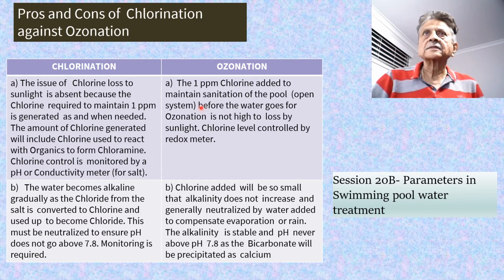However, in the ozonation, the dissolved organics that the chlorine has to destroy or combine with will be destroyed by the ozone, which means more than 95% of the net chlorine that has been added, which is used to break down or react with the organics, will be destroyed by ozone.